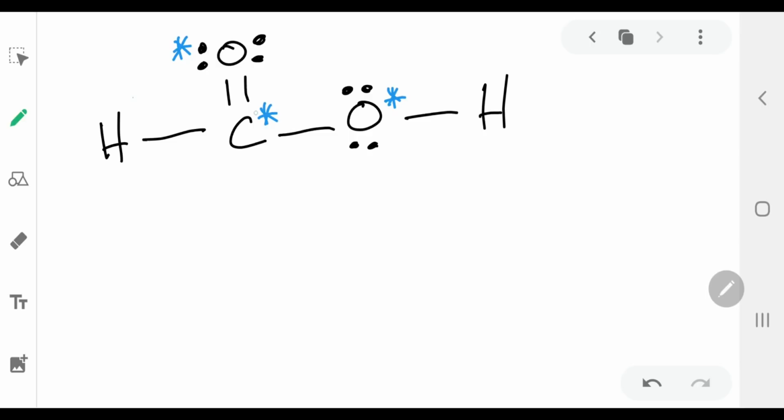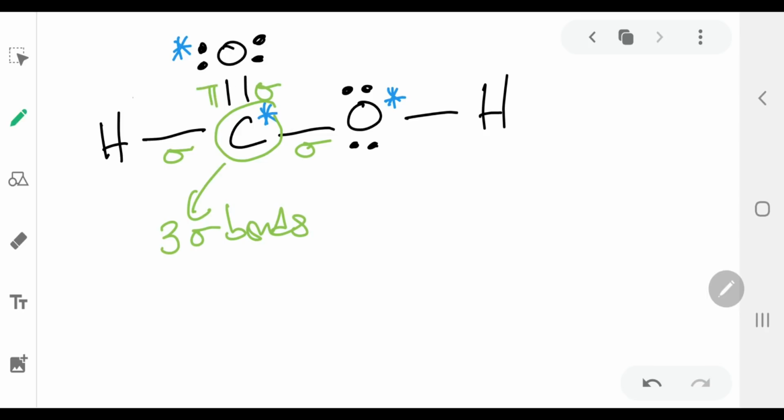Okay, so the last one, let's have a look at this one. You have 3 atoms. You need to identify the hybridization. So when you have a look at your carbon, it has 1, 2, 3 sigma bonds. Okay, so this one has 3 sigma bonds. And over there is a pi bond.